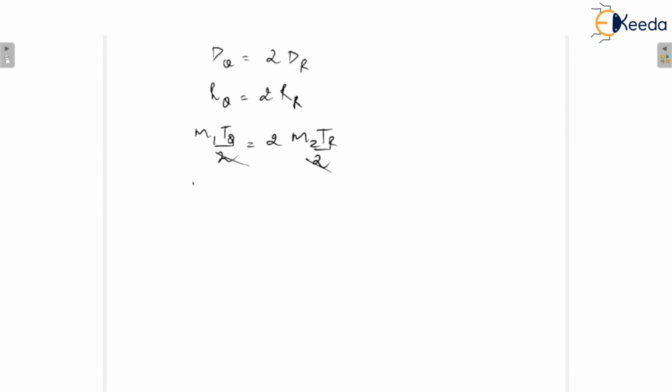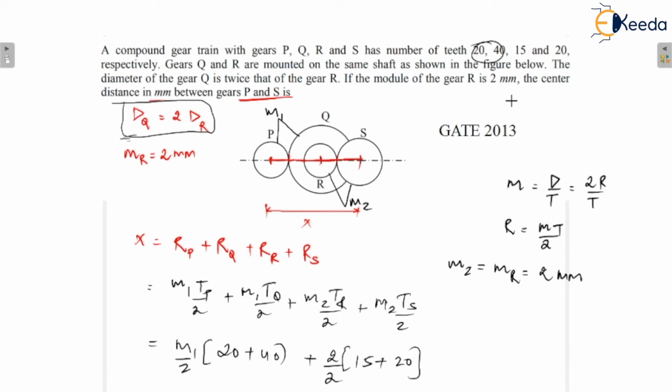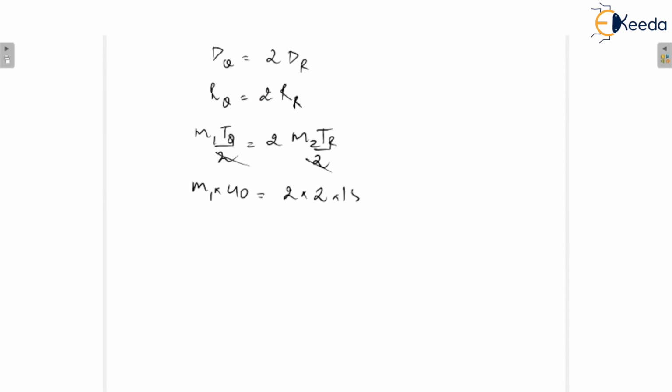So M1 multiplied by TQ, which is 40, equals 2 into the module given for gear R, that is 2, and the number of teeth for R is 15. So from here you will get the module M1 as 1.5 mm.